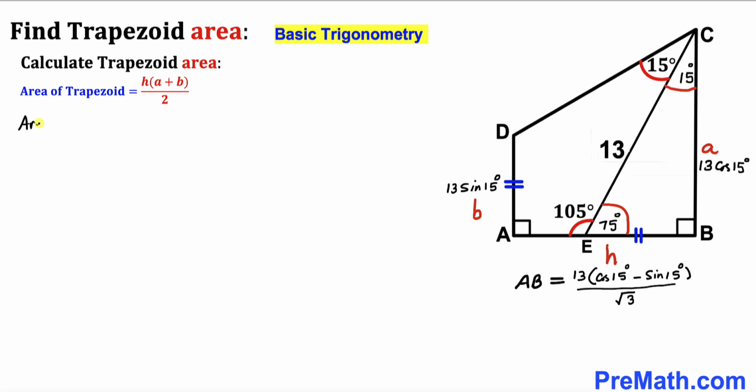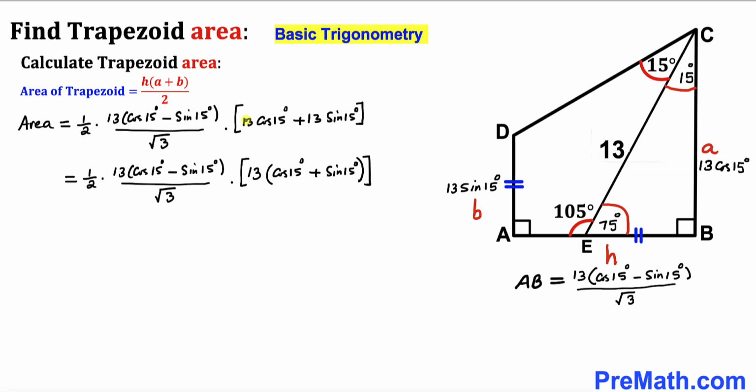So the area of this trapezoid is going to be equal to, I'm going to put 1 over 2 outside, times our height, which is 13 times cosine of 15 degrees minus sine of 15 degrees divided by square root of 3, and then times this A value, 13 times cosine of 15 degrees, plus B value, 13 times sine of 15 degrees.